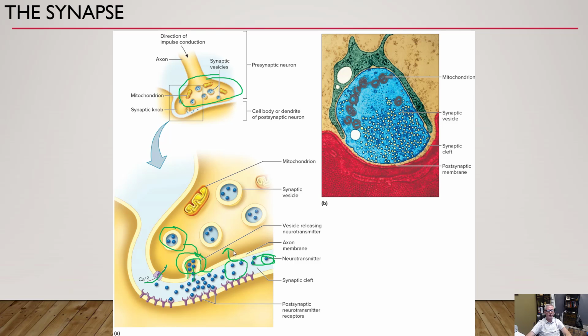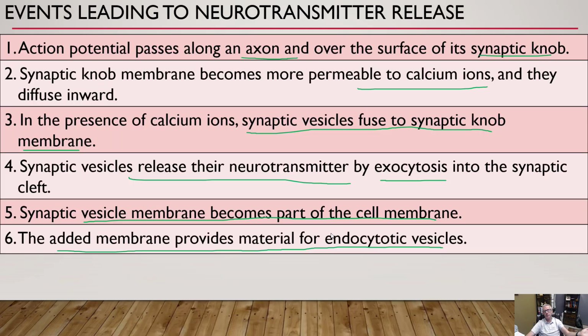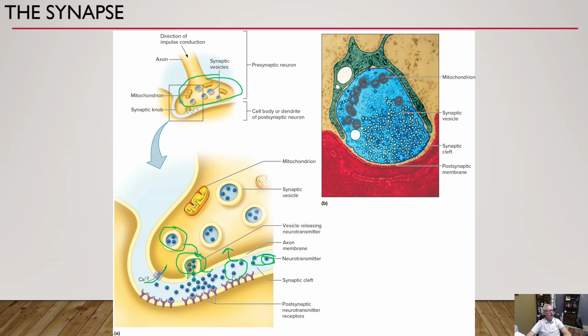That's what this statement is. The opposite of exocytosis is endocytosis. So that added membrane provides material for endocytosis, for packaging those vesicles to be reused, so that extra neurotransmitter would get repackaged into vesicles in the synaptic knob.